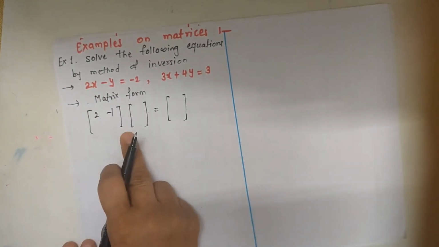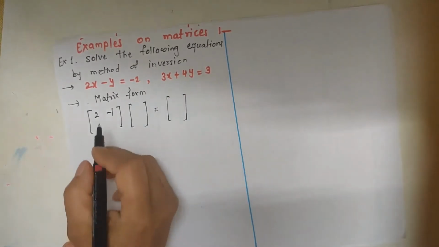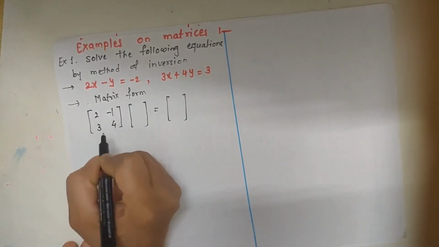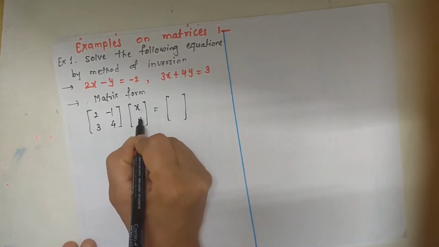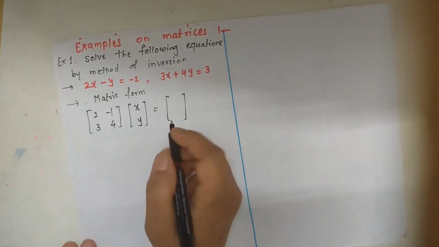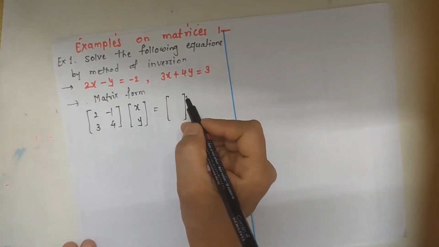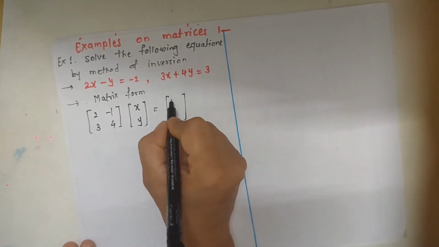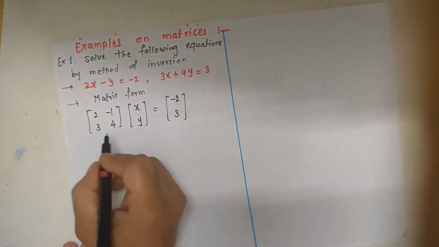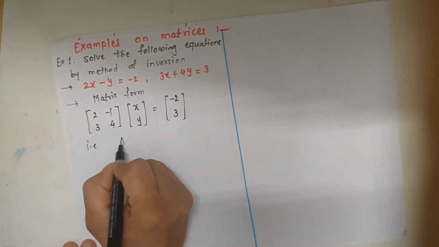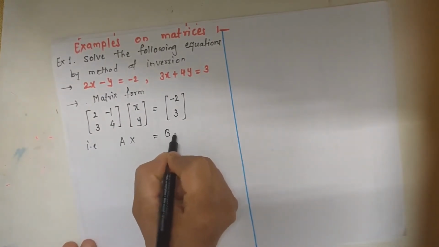The second row is the coefficients of the second equation, 3 and 4, into the variable matrix of variables X and Y, which are given in the equations, is equal to the constant matrix with constants minus 2 and 3 in the given equations. That is A into X is equal to B.